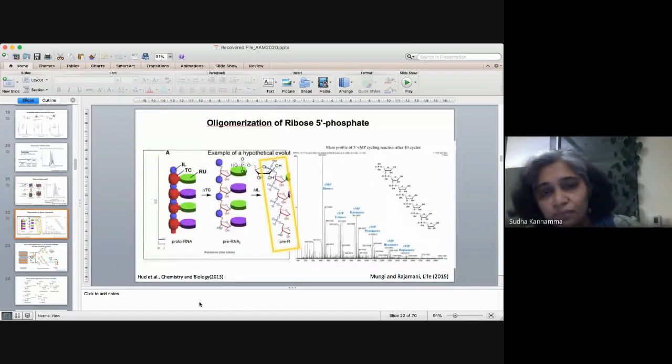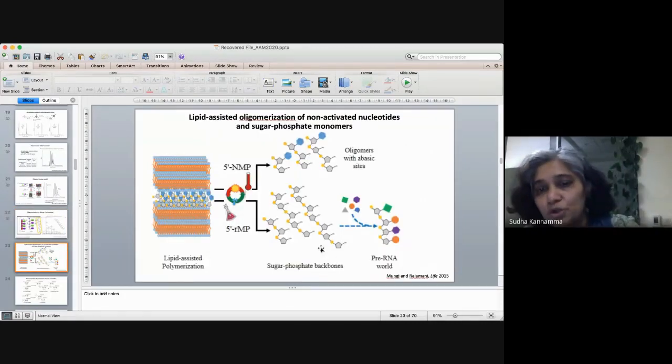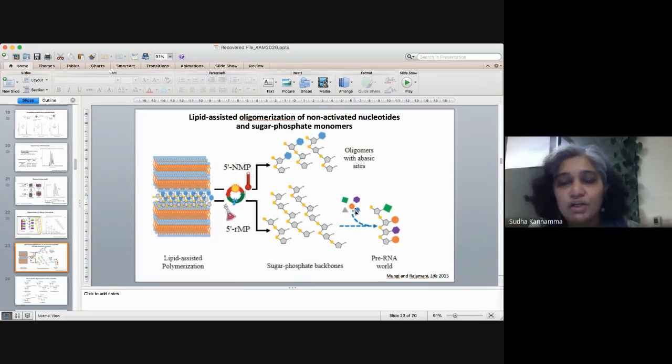Let me use this cartoon. If you have these sugar phosphate backbones, and a bunch of nucleobases which look like cousins of your modern bases, which might much more readily form glycosidic linkages under harsher conditions, can you form informational molecules? That is something we are looking at right now in the lab.